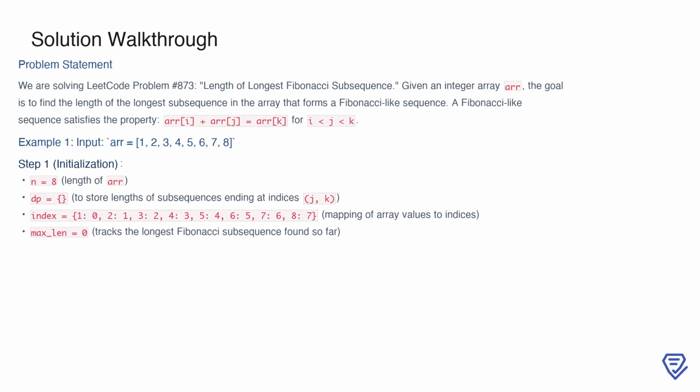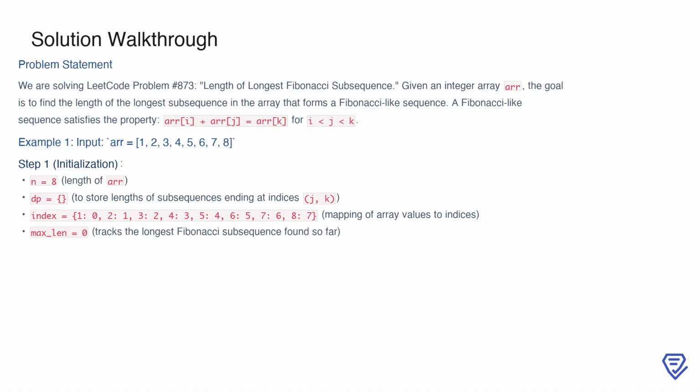To understand this, let's look at the first example where the input array is 1, 2, 3, 4, 5, 6, 7, 8. The length of the array is 8, so we initialize n to 8. Next, we set up an empty dictionary called dp to store the lengths of Fibonacci subsequences ending at specific pairs of indices. We also create an index mapping to quickly access the position of any value in the array.